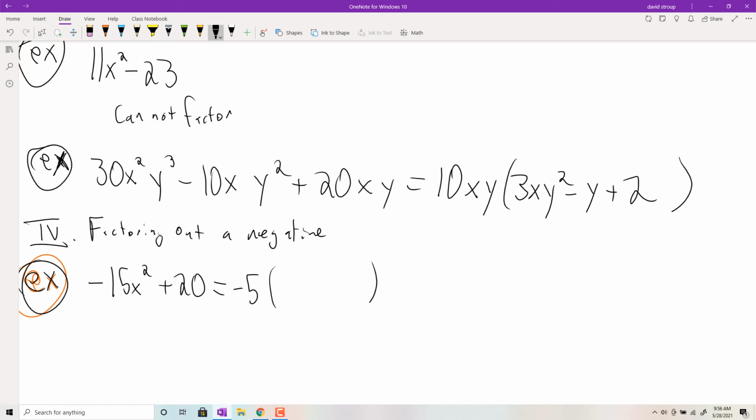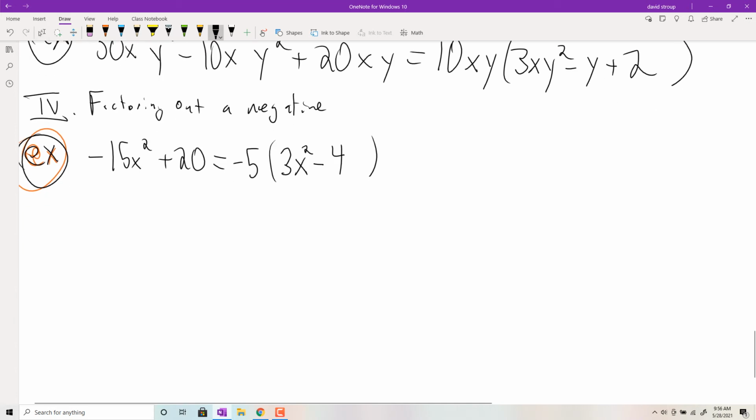What the negative will do is flip the signs of the two terms. So the first term, instead of being negative, will now be positive, and the leftover part will be 3x squared. So negative 5 times 3x squared is negative 15x squared. And then the next term, instead of being plus something, will now be minus something. So what times 5 is 20? 4.